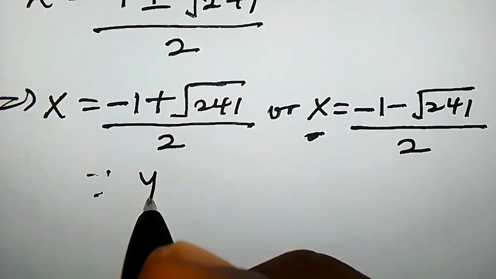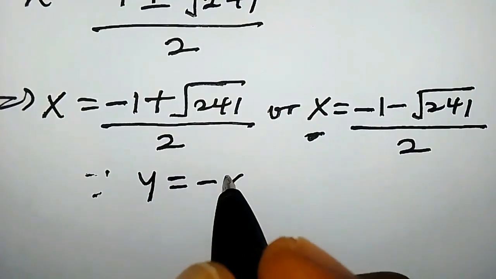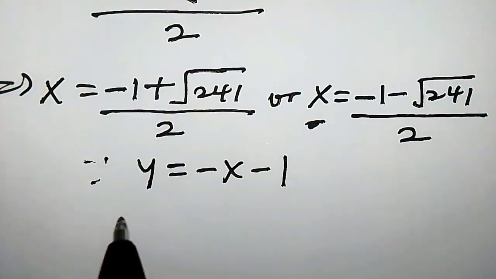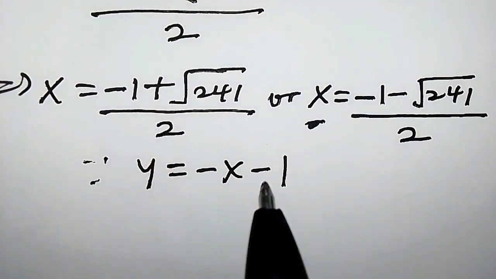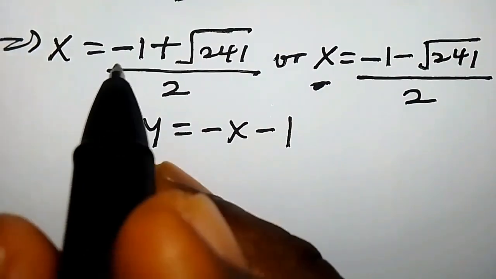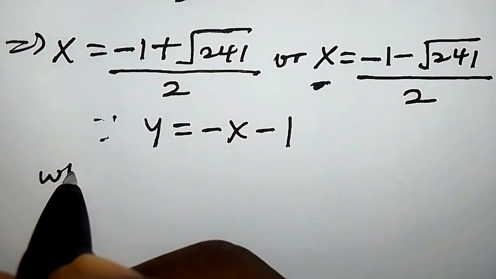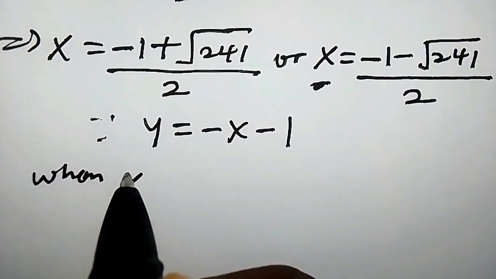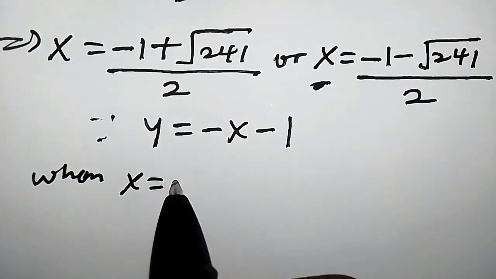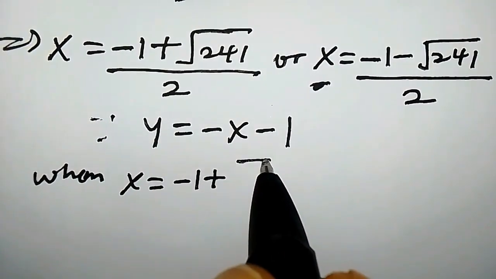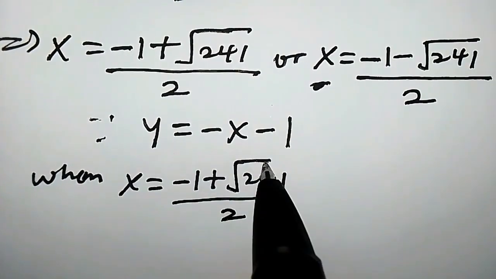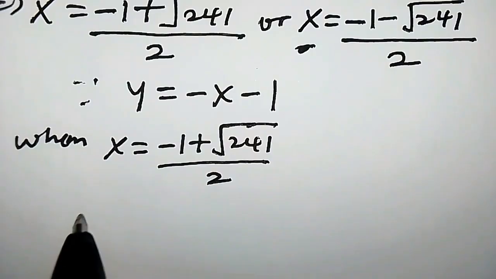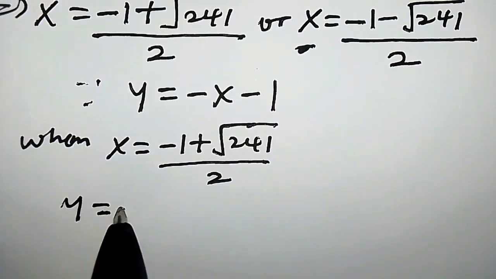Now, since y is equal to minus x minus 1, to get the value of y, we will consider each value of x that we have here. Consider this first. When x is equal to minus 1 plus root 241 divided by 2, from here, we have y equal to minus.